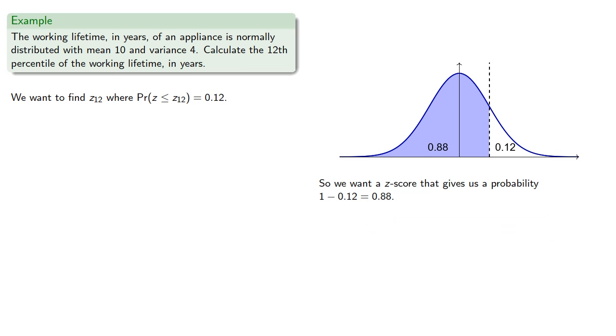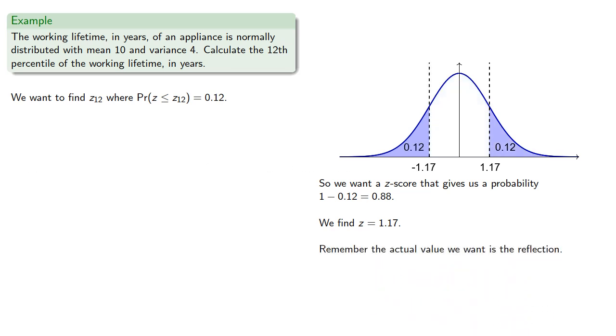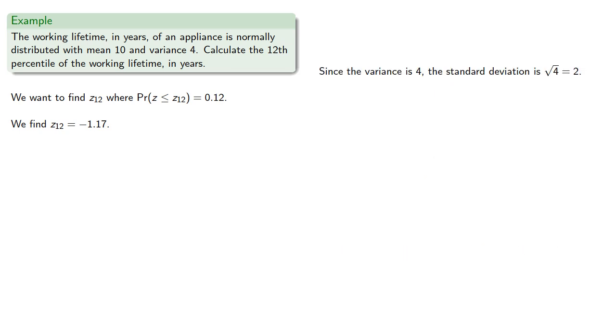So we look at the table for a probability closest to 0.88, and we find it. Now remember, the actual value we want is the reflection of this, so our actual 12th percentile is at negative 1.17. Since the variance is 4, the standard deviation will be the square root.